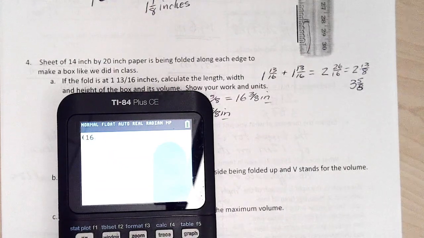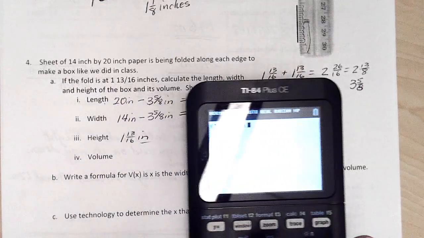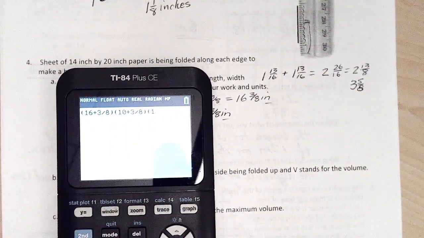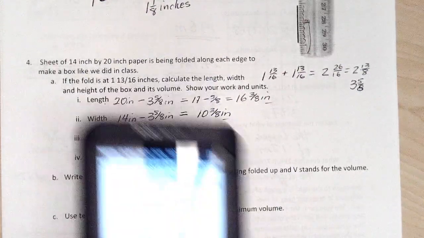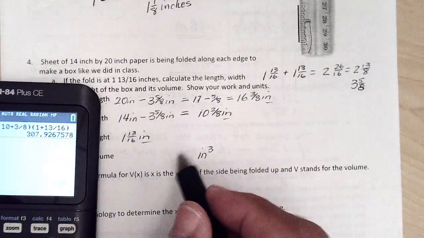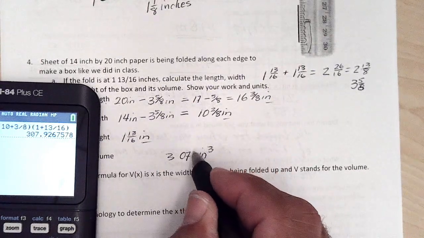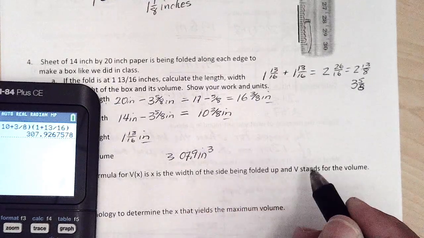It's 16 plus 3 divided by 8, close parenthesis, times 10 and 3/8, 10 plus 3 divided by 8, times 1 plus 13 divided by 16, close parenthesis, and that works out to be this in decimal, 307.9, 308 inches cubed.